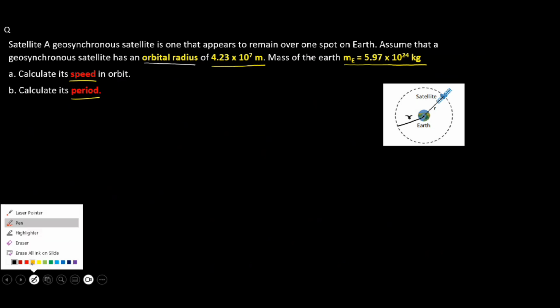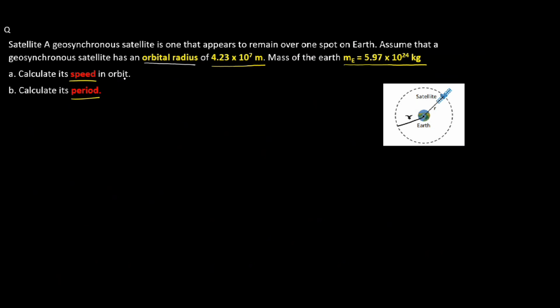So the difference between the previous question and this one is, in the previous question, they had given you the distance of the satellite from the surface. And whenever it is from the surface, you have to find r by using r_e plus h. But here they have mentioned orbital radius, which is my distance from the center. So in this situation, I will not modify my r.